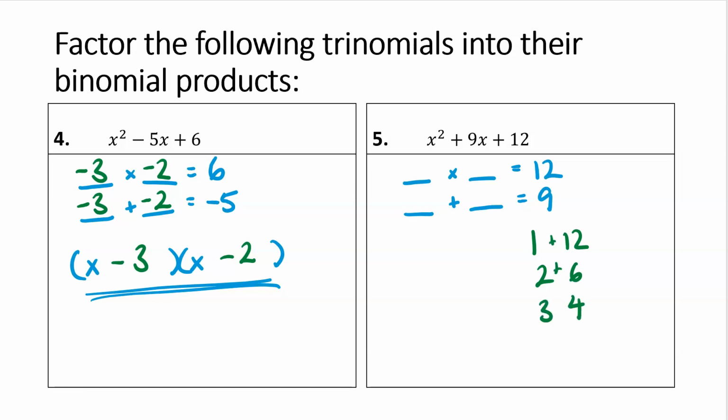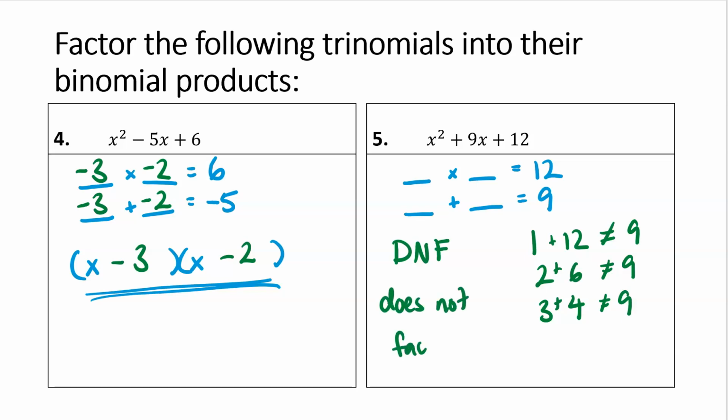If you added those together, none of them will sum to 9. So none of the factors of 12 would sum to 9. That means this will not factor. So we can write DNF, does not factor, because we can't come up with two numbers that will work.